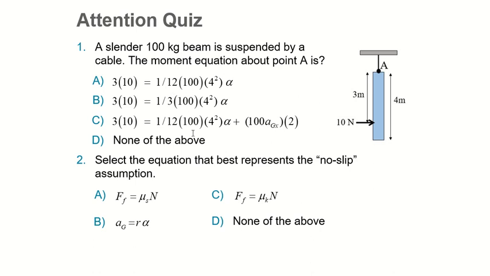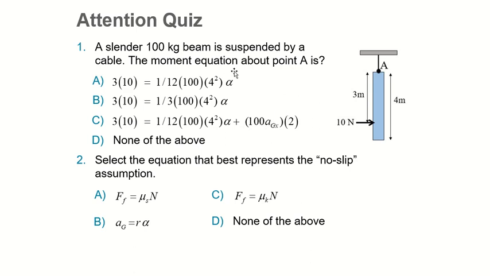Then you multiply that with the mass, which is 100, and then with the distance squared. Everything is the same between A and C, so we can get rid of it. The only thing that is different is that.